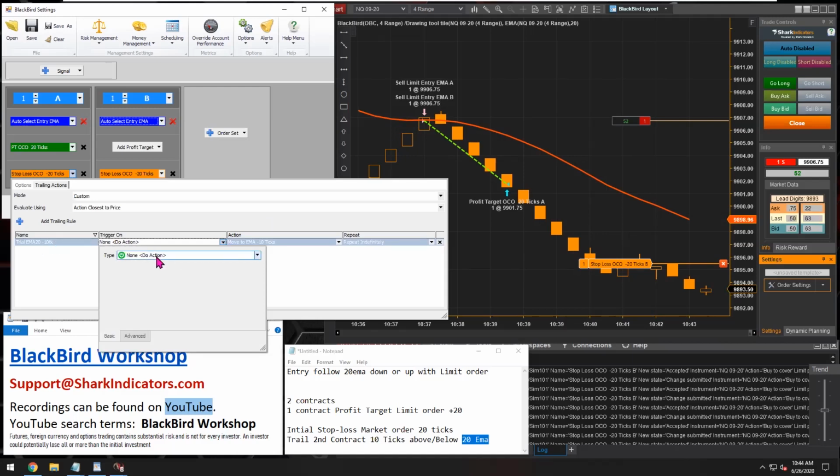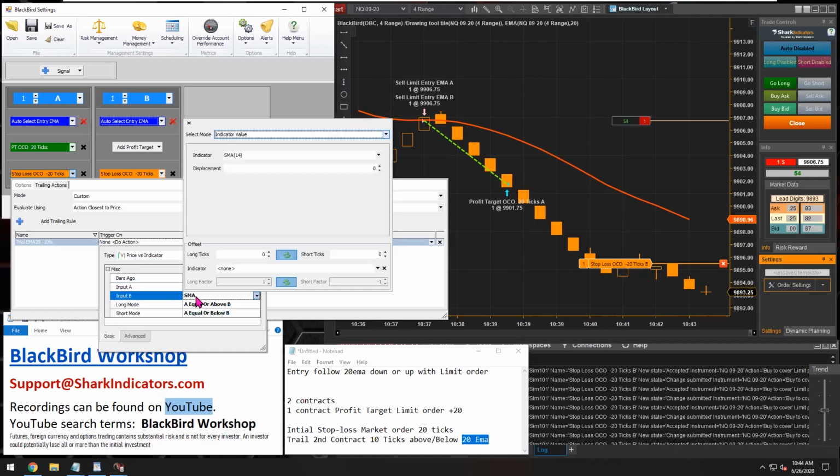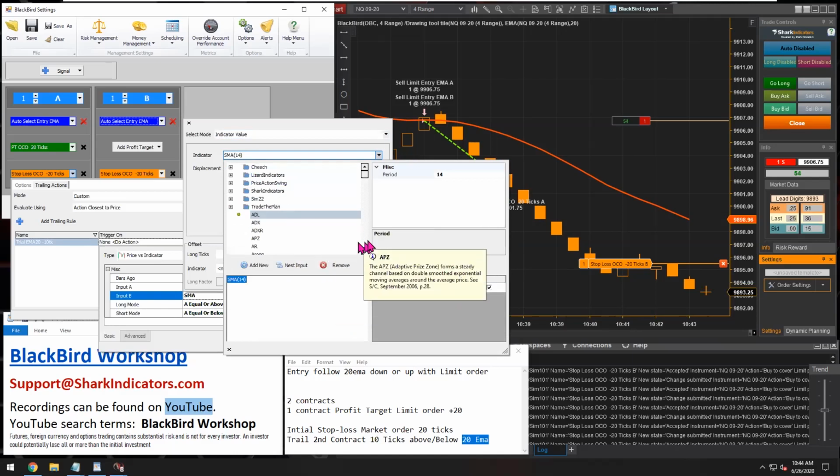So with the trigger, what we can do is compare price to an indicator. And so we can make sure that price is on the correct side of the indicator before this trailing rule is allowed to kick in and start executing, right? So we can check to make sure that the close of the bar is, and so for the indicator, we can put in our EMA20.